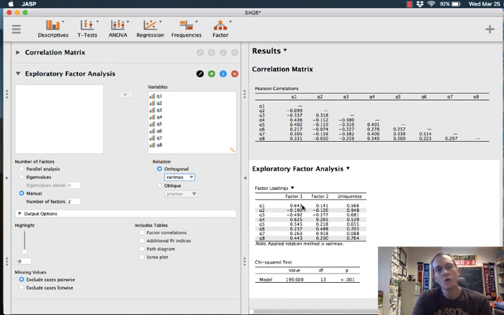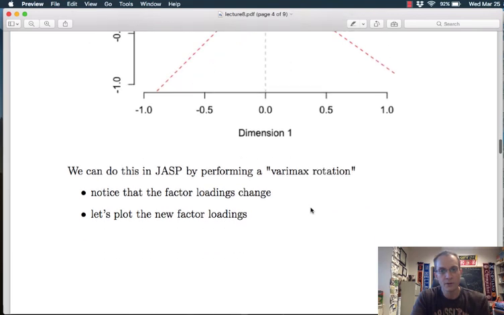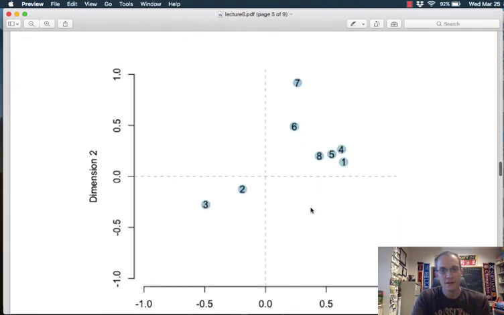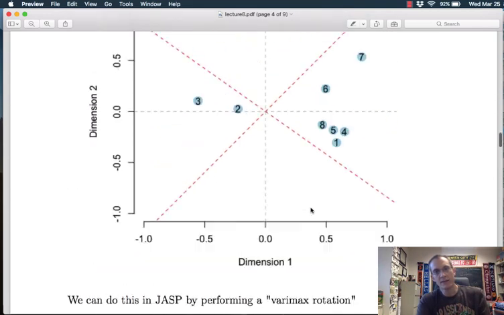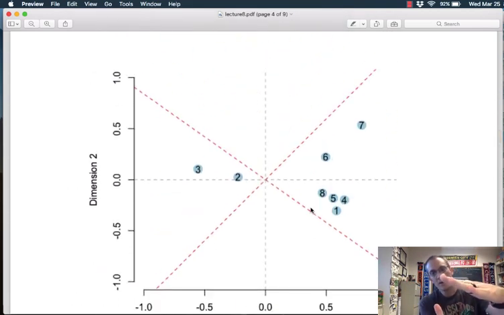If we were to go back and plot these factor loadings again for each item, here's what it would look like. You'll notice now that this is just the same patterns, the same items are clustered together, but instead of being kicked over to the side like they were in the previous, they're now sort of brought in line with, I know you can't see what I'm pointing at here, but they're brought in line with these red axes.